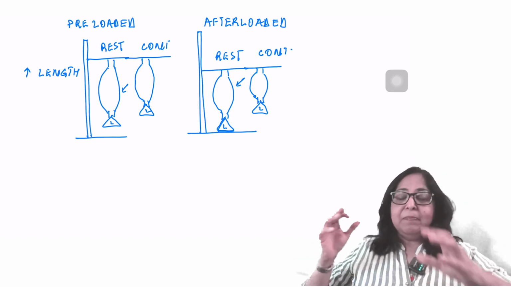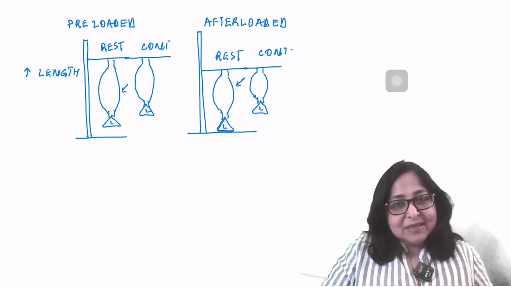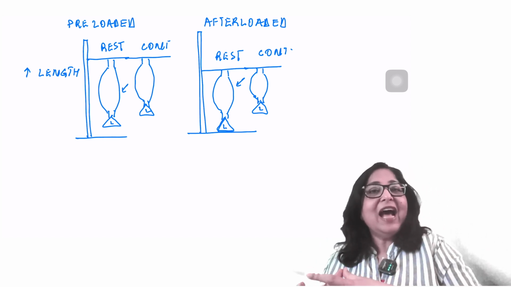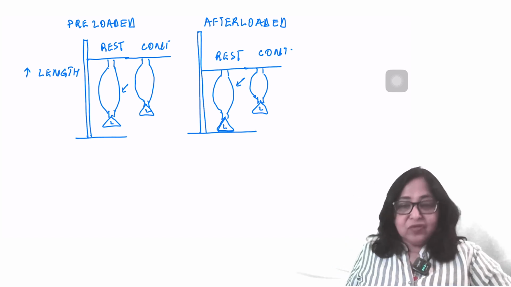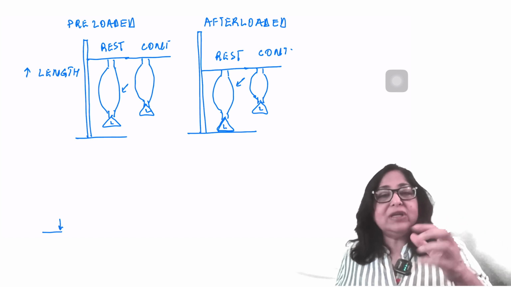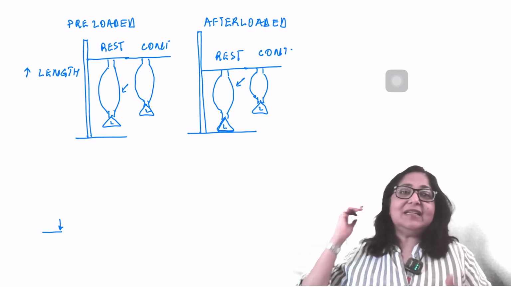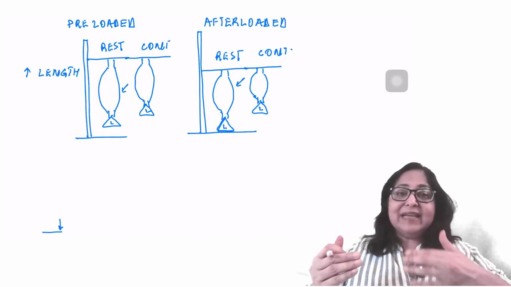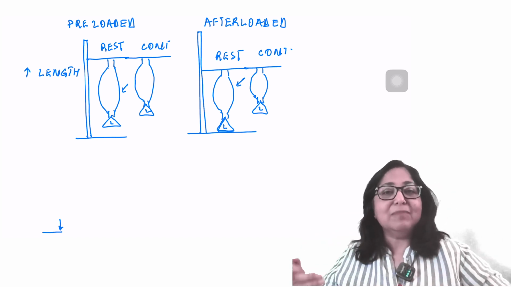Now I'm going to compare the two types of muscle contractions. So one will be a preloaded muscle contraction and the other one will be an afterloaded muscle contraction. So in the preloaded muscle contraction, let's try and see. I've given the stimulus here. After a very short latent period. What is latent period? Latent period is the time period between the stimulus and the onset of muscle contraction.